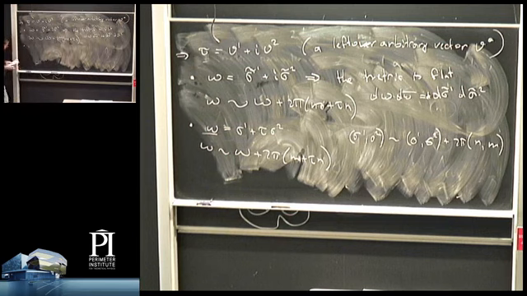So the second thing that we can do, we can introduce omega as sigma 1 plus tau sigma 2, okay?